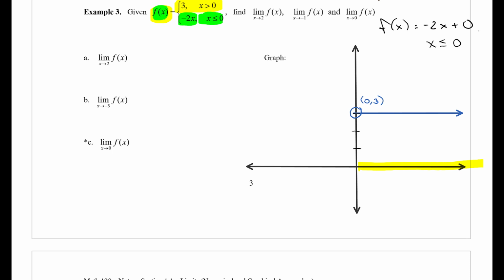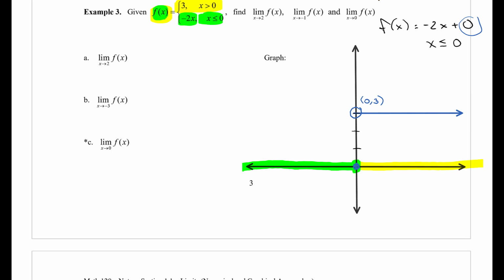So here x is less than or equal to 0. So I'm going to go ahead to my y-intercept for that piece of the function, which is going to be at 0, 0. And I've highlighted the origin, and then I've highlighted to the left of the origin in green, right on top of the x-axis. So I know this is the part of the domain that I'm working with right now.